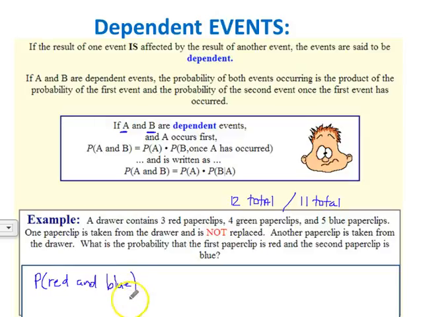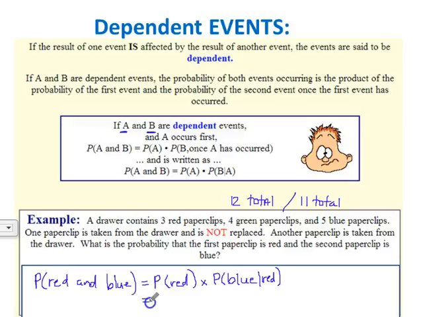This is a dependent event. We're going to find the probability of the red, and then multiply it times the probability of choosing the blue once the red has already been chosen and not put back.